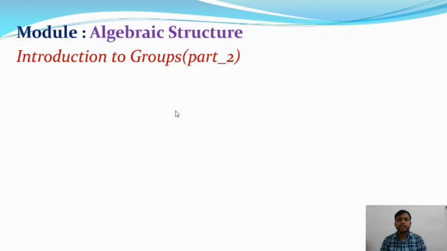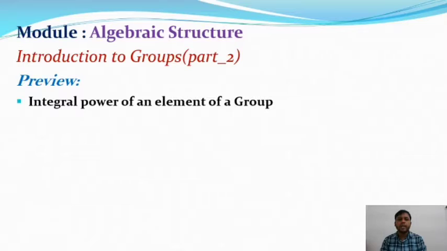We discussed the integral power of an element of a group, that means a to the power n, which is written as a composition up to n times. After that we discussed the order of an element of a group, and in this section we talked about the definition of order of elements of a group.